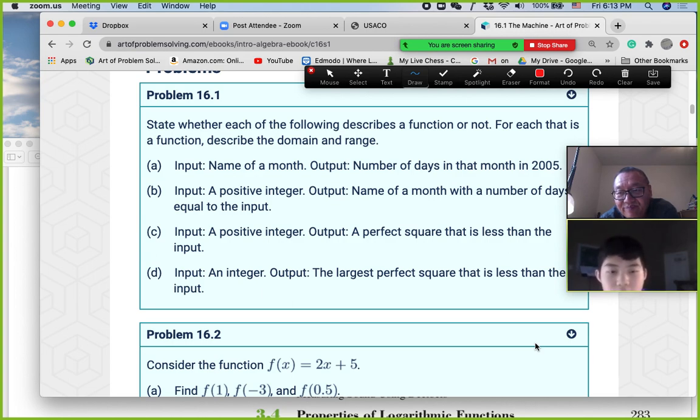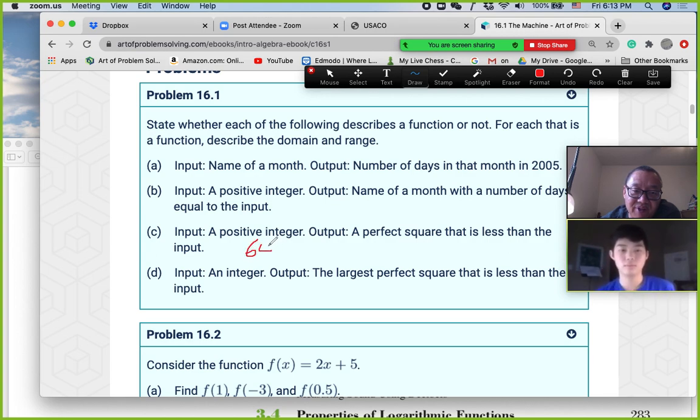Why? Because, let's say 64, there's more than one perfect square that's less than 64. Yes, you're right.